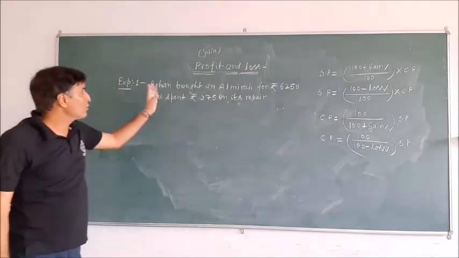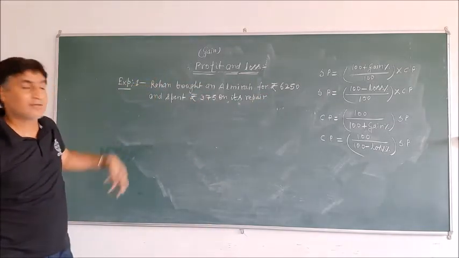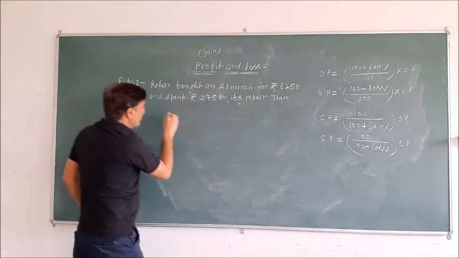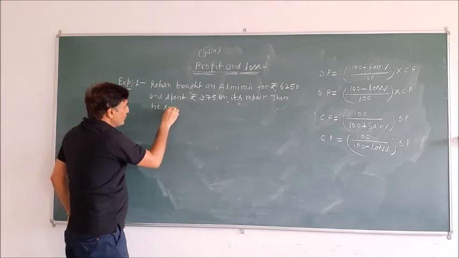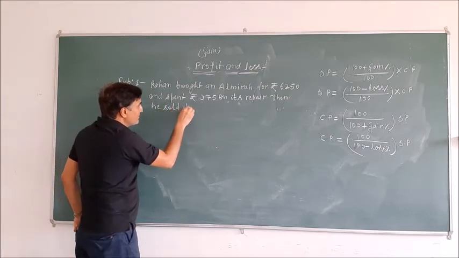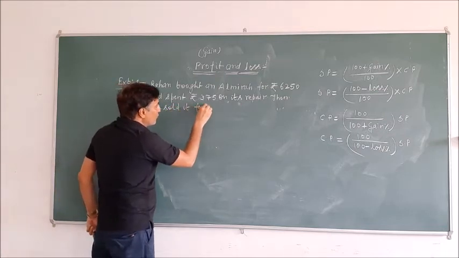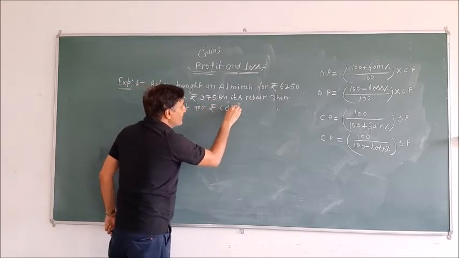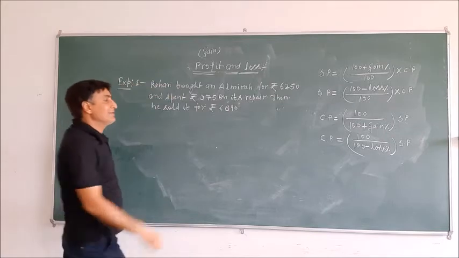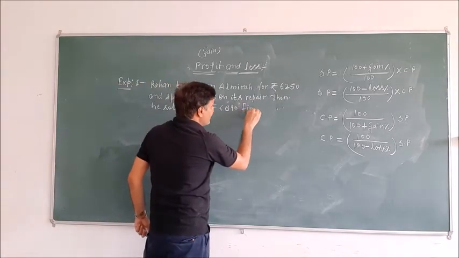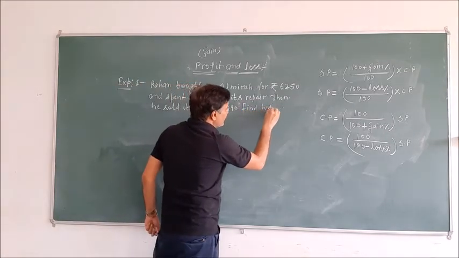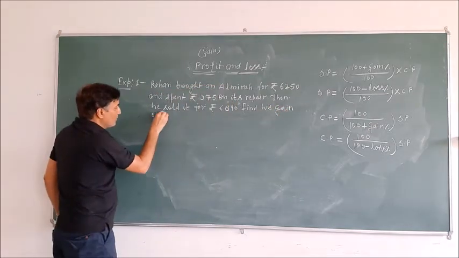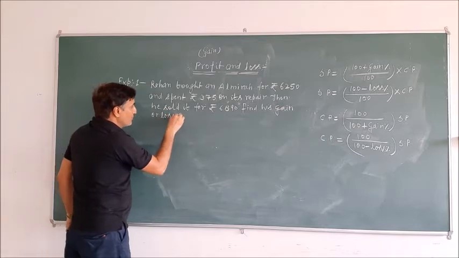After that, Rohan sold this almirah for rupees 6,890. Find his gain or loss percent.